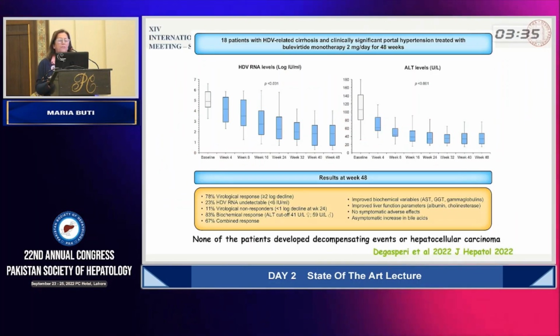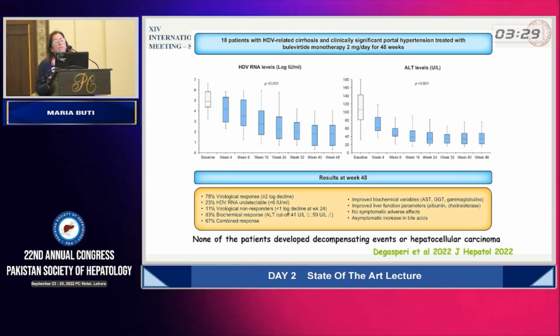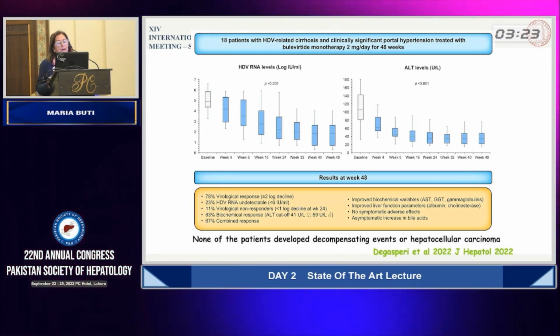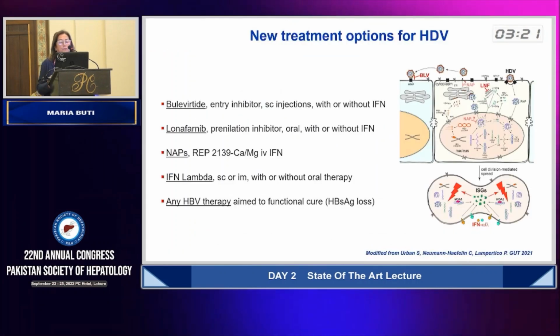And also I mentioned these results showing that this drug can improve portal hypertension in those patients with advanced liver disease and with portal hypertension.